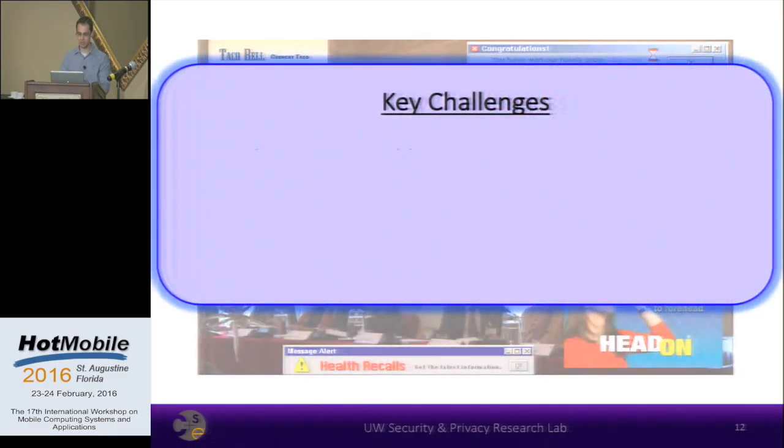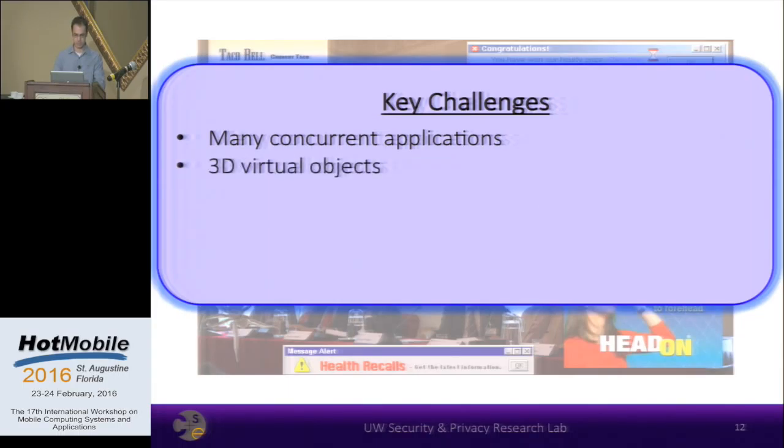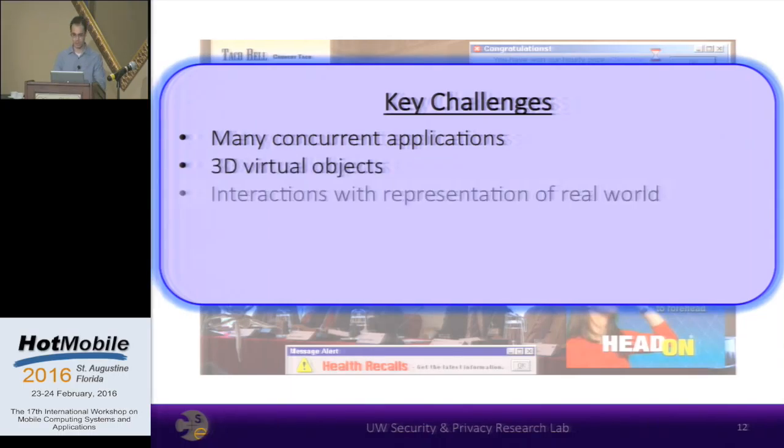But figuring out how to best bridge the gap between today's AR and the AR of tomorrow is no small task, due in part to a number of key challenges. For example, we're seeing a trend towards platforms that need to support multiple applications simultaneously augmenting a user's view with three-dimensional virtual objects that interact with some representation of the real world.